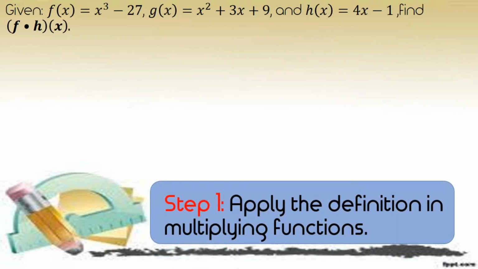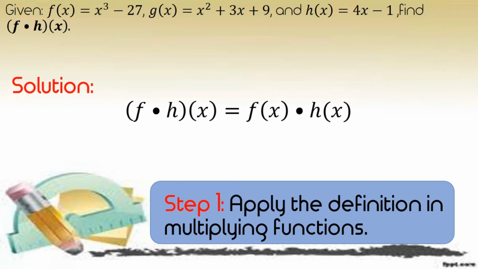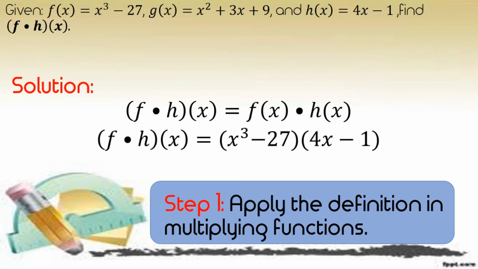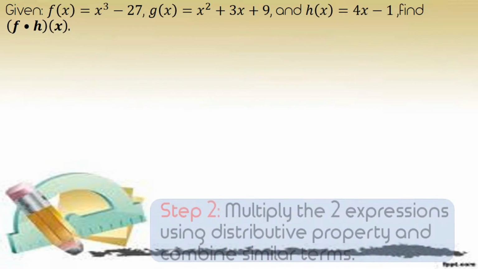For our first step, we're going to apply the definition in multiplying functions, which is f times h of x is equal to f of x times h of x. We substitute the given values. It will become x cubed minus 27 multiplied to 4x minus 1.